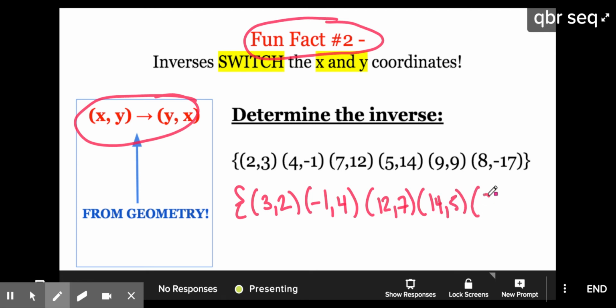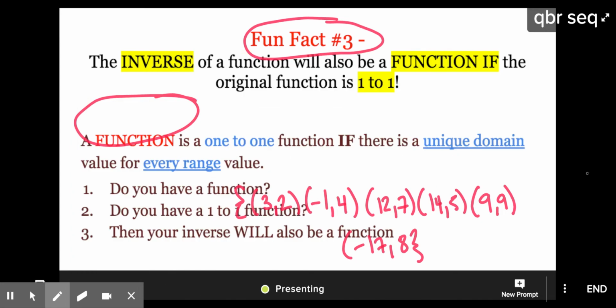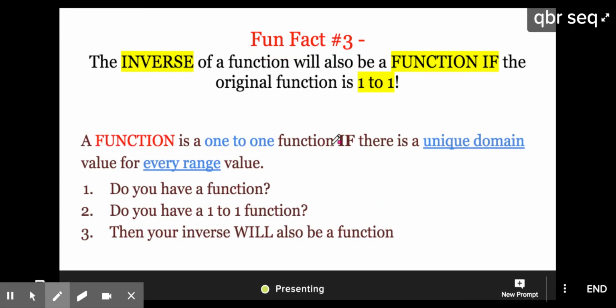Oh, look at that, (9, 9). That's on the line of reflection, right? That's why it didn't change. And then (-17, 8). Amazing.